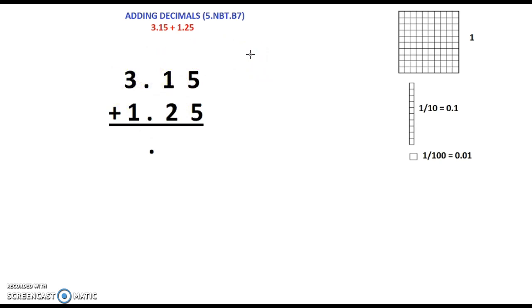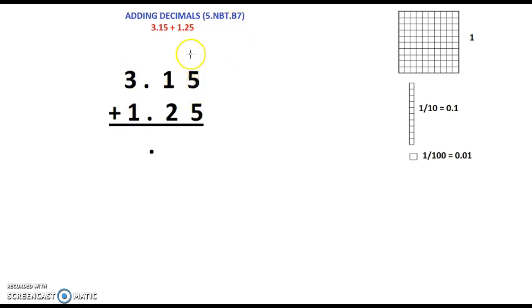However, that will not always be the case. But what you want to keep in mind is that when we were combining our blocks that were the same, we were really adding the numbers in the same place value. So we kept all of our hundredths together, all of our tenths together, and all of our wholes together. That's why we keep our place values in line when we add and subtract decimals.